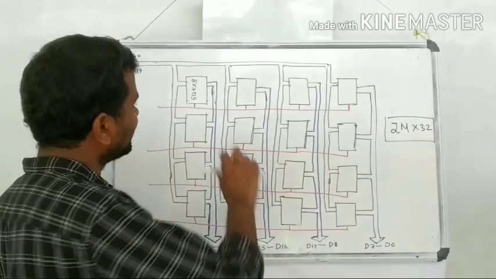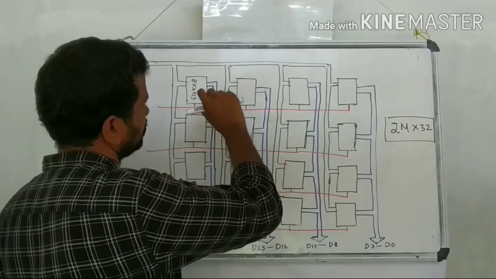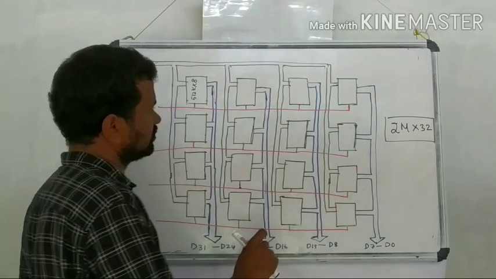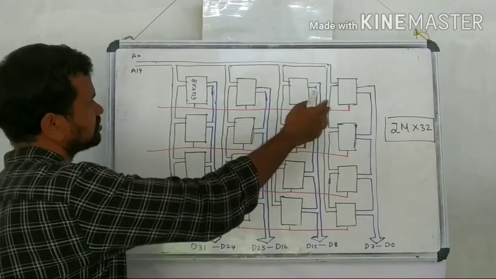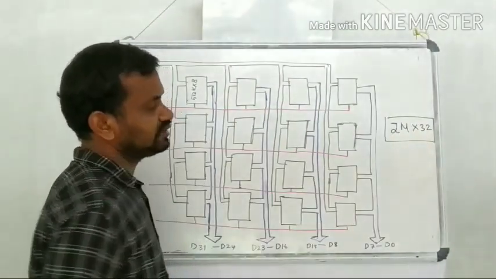By arranging the 512K into 8 chips in 4 rows, with each row containing 4 such chips, we can have 2M into 32.